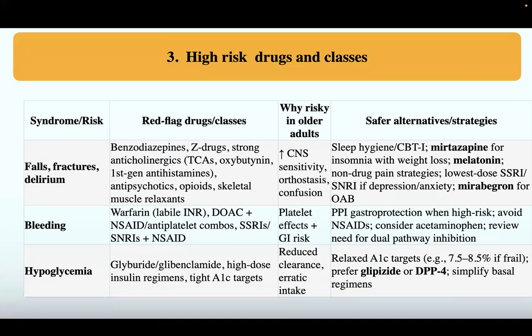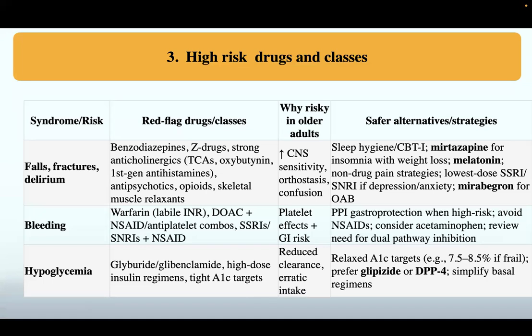Some of the red flag drugs like benzodiazepines or Z drugs, I already explained what Z drugs are. Z drugs are non-benzodiazepines. Or some strong anticholinergics like tricyclic antidepressants or oxybutynin or first generation antihistamines, opioids, any of those drugs have a direct association with falls, fractures, and delirium in the geriatric population.